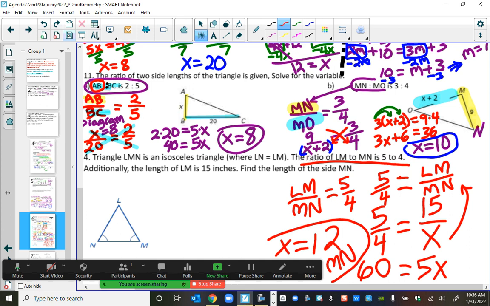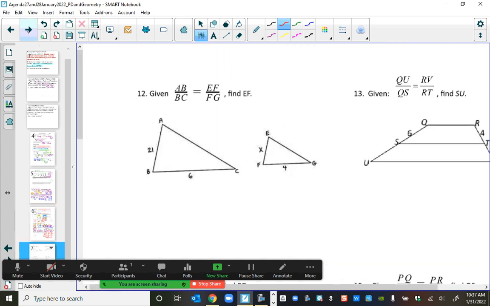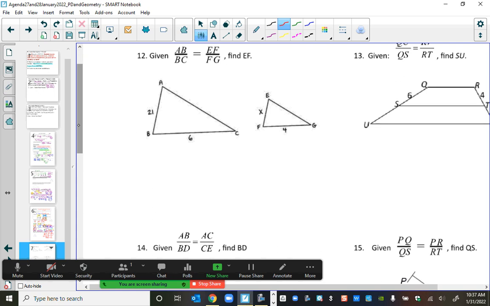Yeah, the ones on the back is basically you already have your setup. Some of it we might have to do a little bit of work. I'll show you. Now, for instance, number 12, they already gave you your setup.